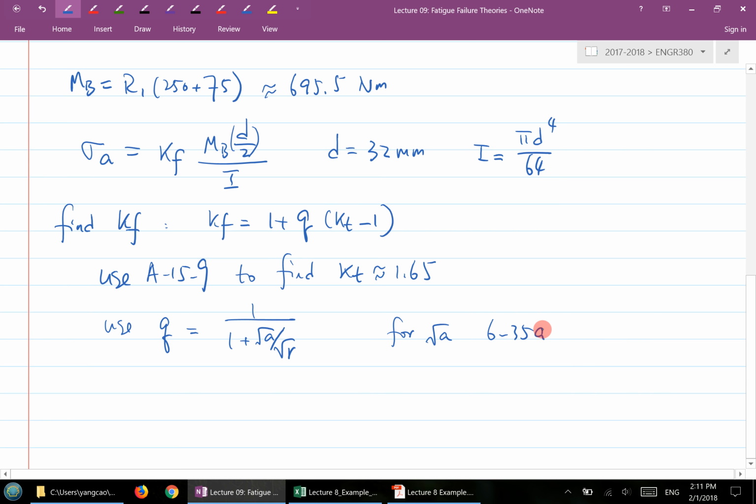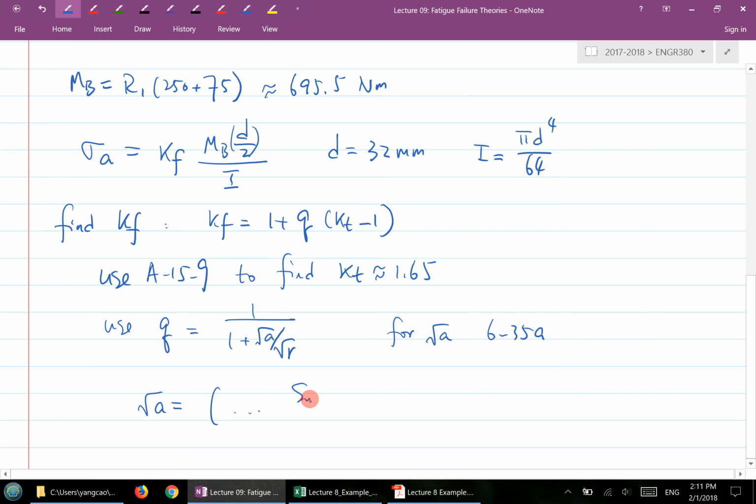That 6-35a formula has to be modified slightly because of the unit in this question. If you recall, it's the standard unit. When you have a standard unit, that root a has to be modified.